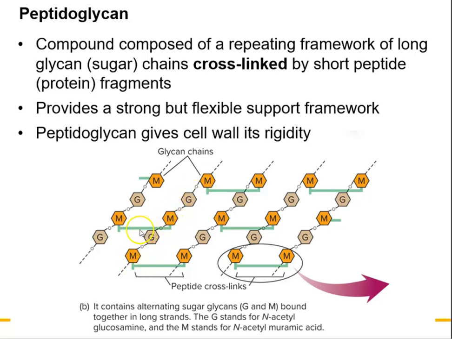And then this green line is a protein fragment that is connecting these sugar chains. You put enough of these together and it provides a strong and flexible framework. And peptidoglycan is what gives the cell wall its rigidity.